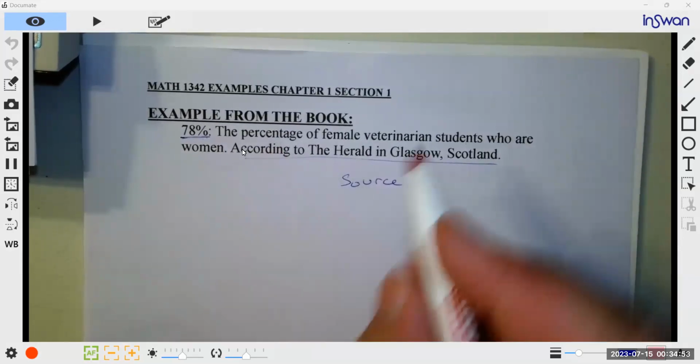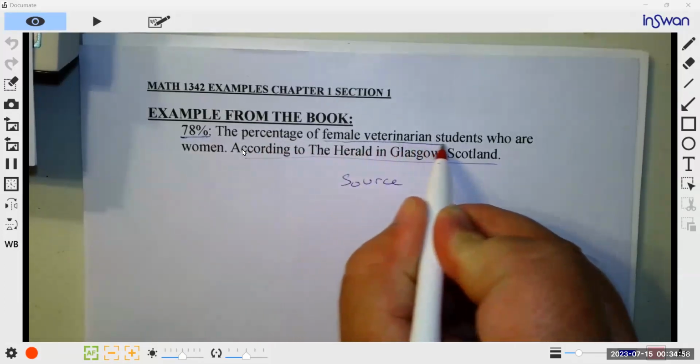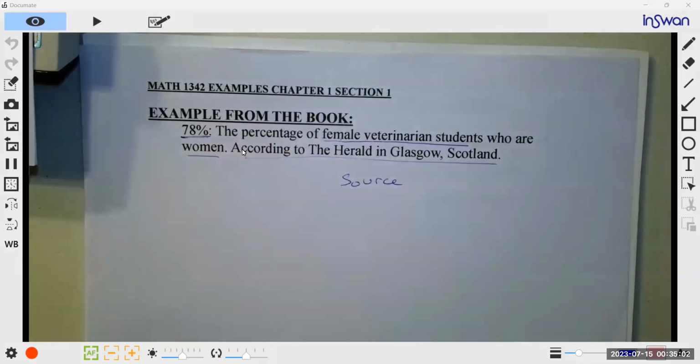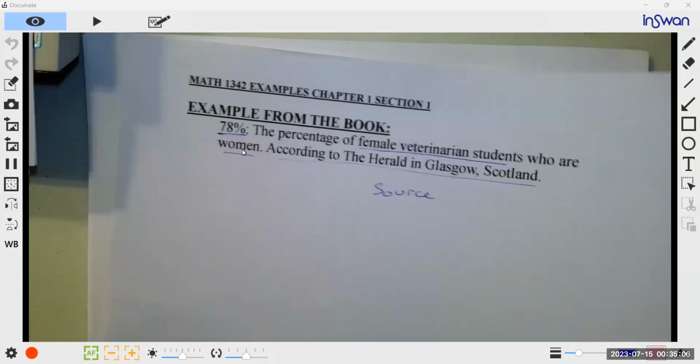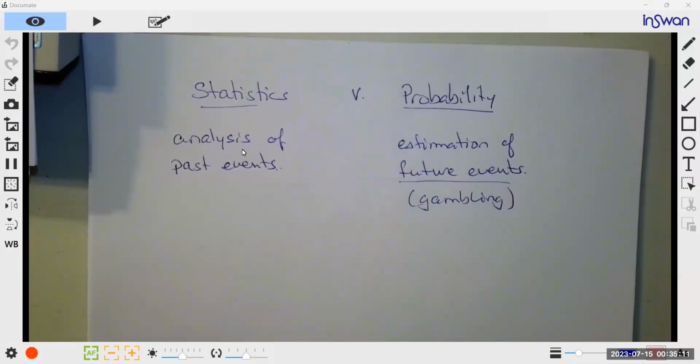The funny thing about this is the percentage of female veterinarian students who are women. I would kind of hope that all female students are women. All right, so that was one humorous thing I thought.